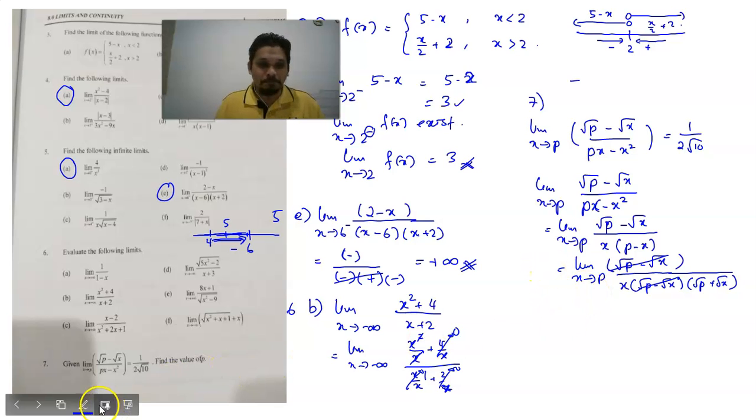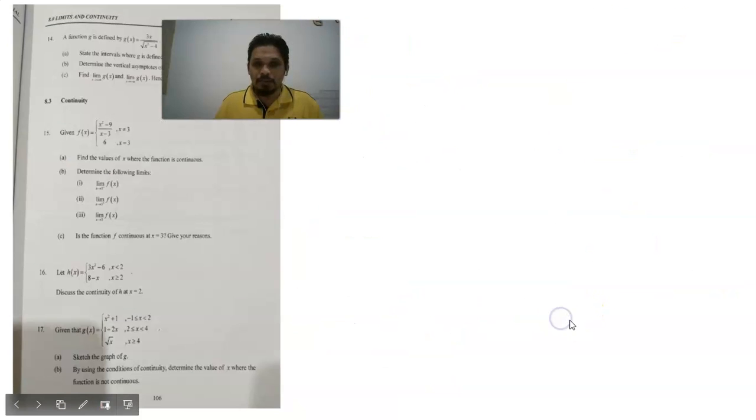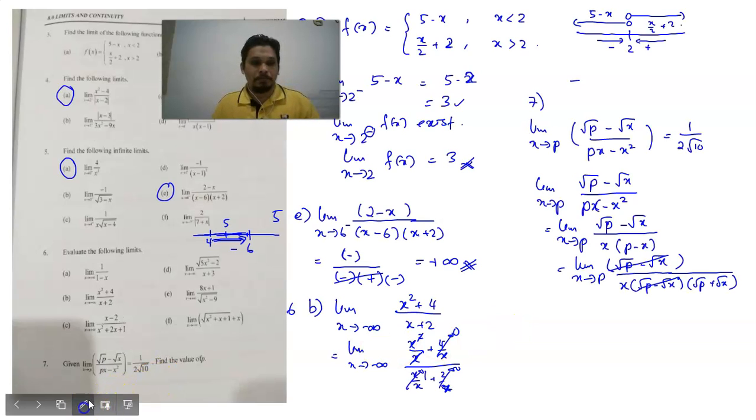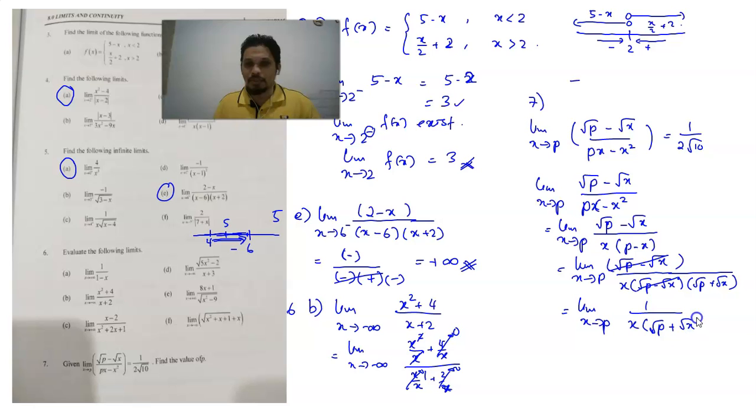Now equal to limit x approaching P, 1 divided by x and square root of P plus square root of x. So let's compare now.